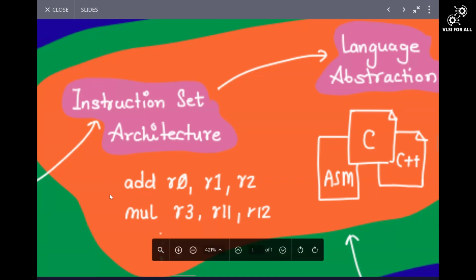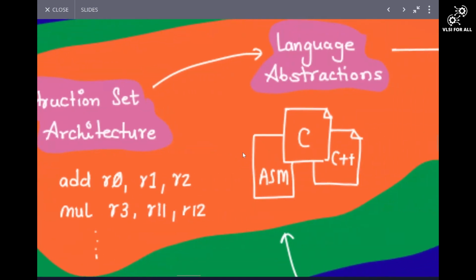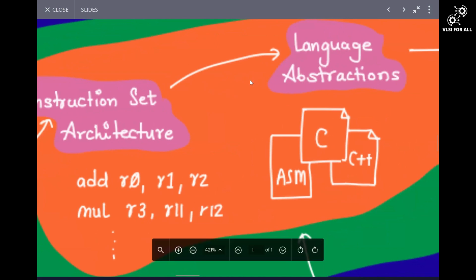So if you want to multiply 2 into 3, the compiler has an idea about the hardware. When it sees the statement 2 into 3, it will convert it into 2 plus 2 plus 2, because this compiler knows that it doesn't have a multiply instruction, it only has an addition instruction. Now it is the compiler's job to convert the C statement that you have written into the relevant assembly language instruction for that processor, right?